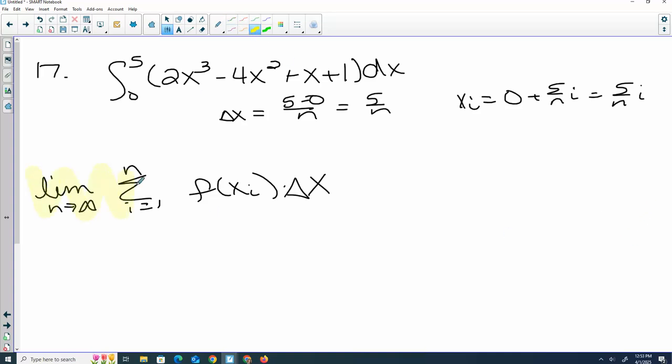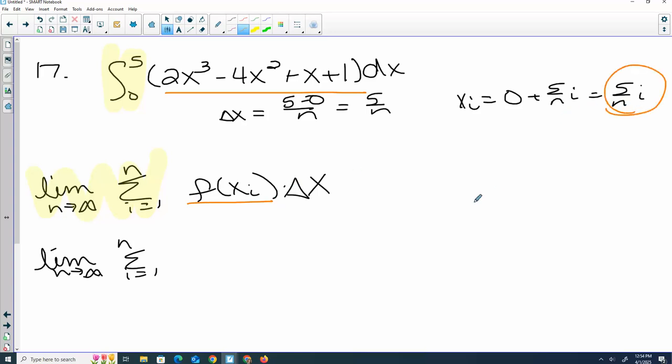The limit and the sum replace that integral. f of x sub i. Here's my function. I'm just replacing my x's with 5 over n times i.